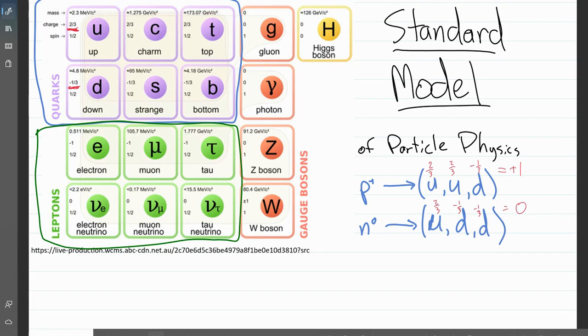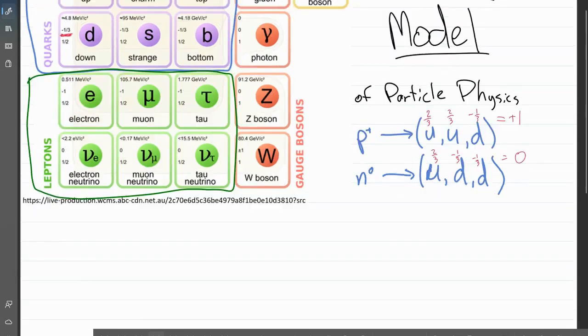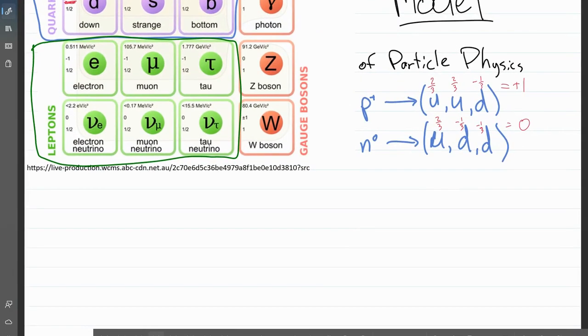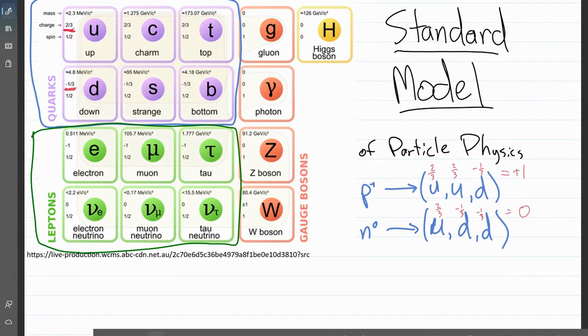General classifications, you don't have to know why they're in these sets as they are. But basically, a lepton is its own thing. These leptons, you can have the opposite of these leptons. Actually, you can have the opposite of every single one of these particles. So we have an up quark.